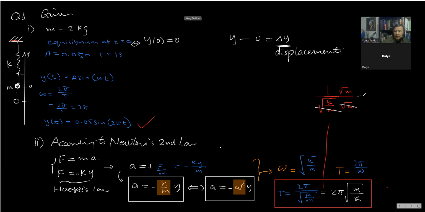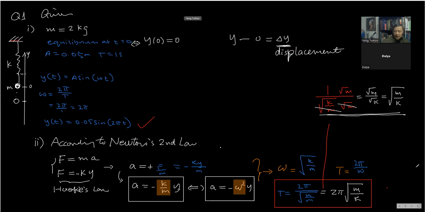After that, we got root M over root K. And that's why we can derive this formula. Okay, this is just algebra. Yeah, you almost derived this formula. Very good.